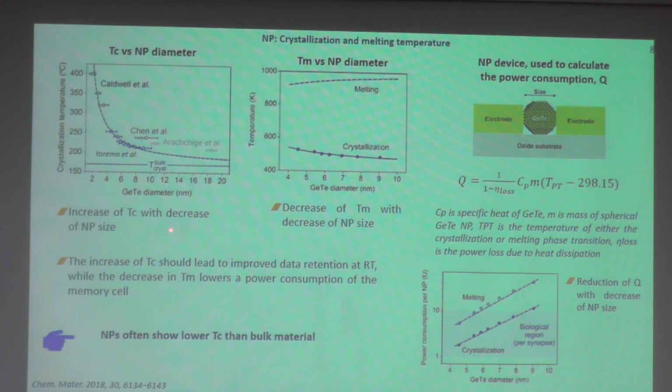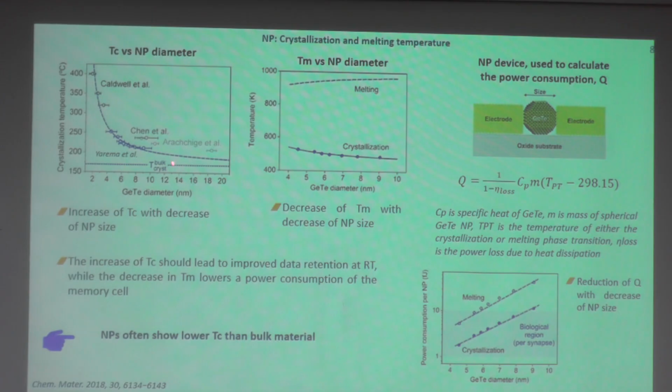Here, this is the dependence of crystallization temperature on the germanium telluride diameter. And here what we see is that the crystallization temperature of germanium telluride nanoparticles is increasing with decreasing size of these nanoparticles.